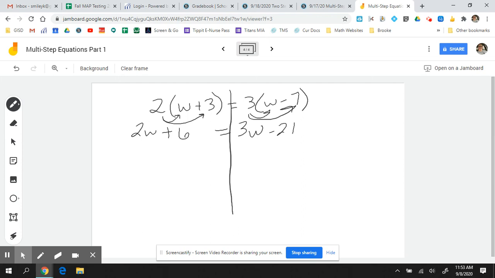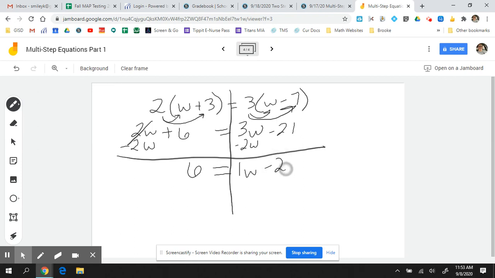So negative 21. Now, I'm going to take my smaller variable, and that's that 2w. It's a positive 2w, so the opposite is to minus 2w. So those cancel. I'm left with 6 equals 3 minus 2 is 1. So I can write the 1 there, or I don't have to. It's understood that there is a 1 in front of that variable if nothing is in front of it.